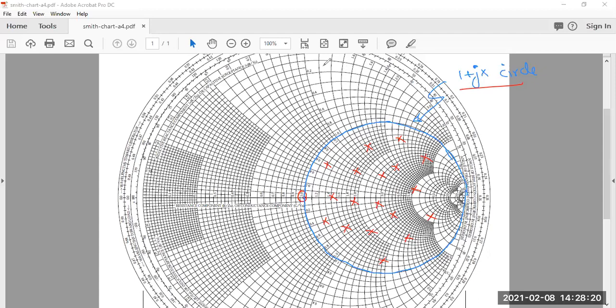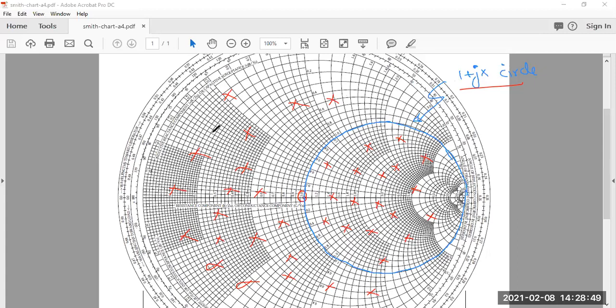And if it is outside, it can be anywhere. All of these crosses that I am drawing may represent positions of loads, and all of these are outside of this 1 plus jx circle. Whenever you have this type of problem, you are going to select L network number 2, and that is going to solve the problem.